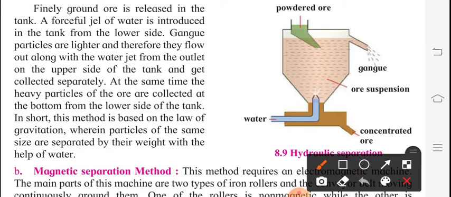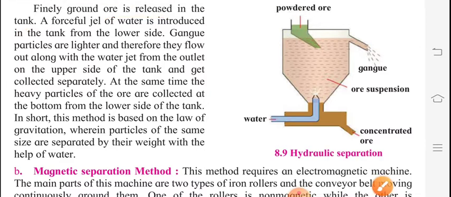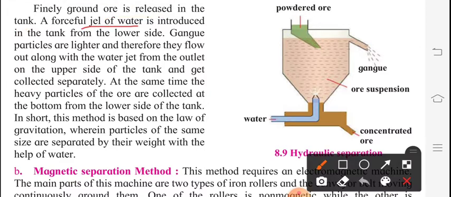The procedure is, finely ground ore is released in the tank this way. A forceful jet of water is introduced in the tank from the lower side. It gets spread out. Gangue particles are lighter, and therefore they flow out along with the water from the outlet on the upper side of the tank.